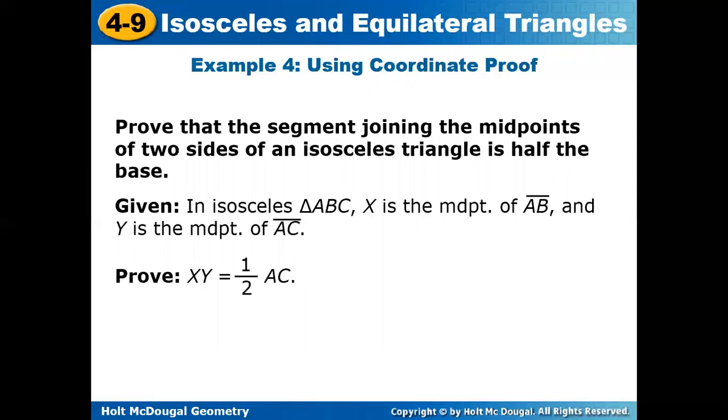Given the isosceles triangle ABC, let X be the midpoint of side AB and Y be the midpoint of side AC. So we want to prove that XY equals half AC. The length of XY is half the length of AC.